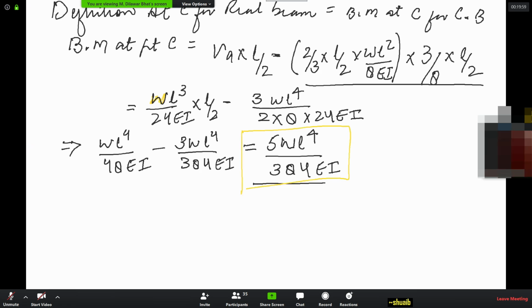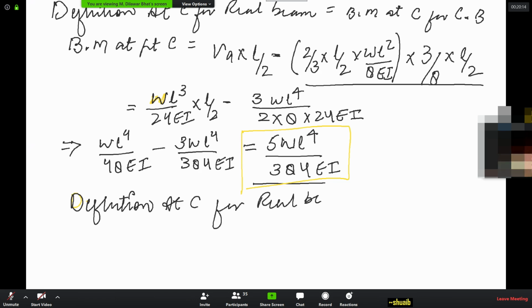Now, in order to calculate the deflection at C, deflection at C for the real beam is equal to the bending moment, which you have already calculated.